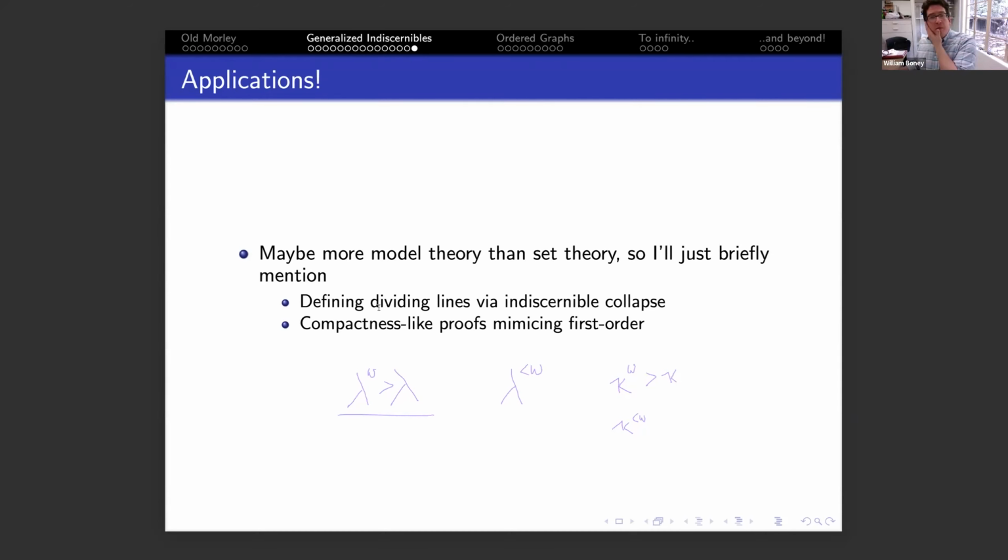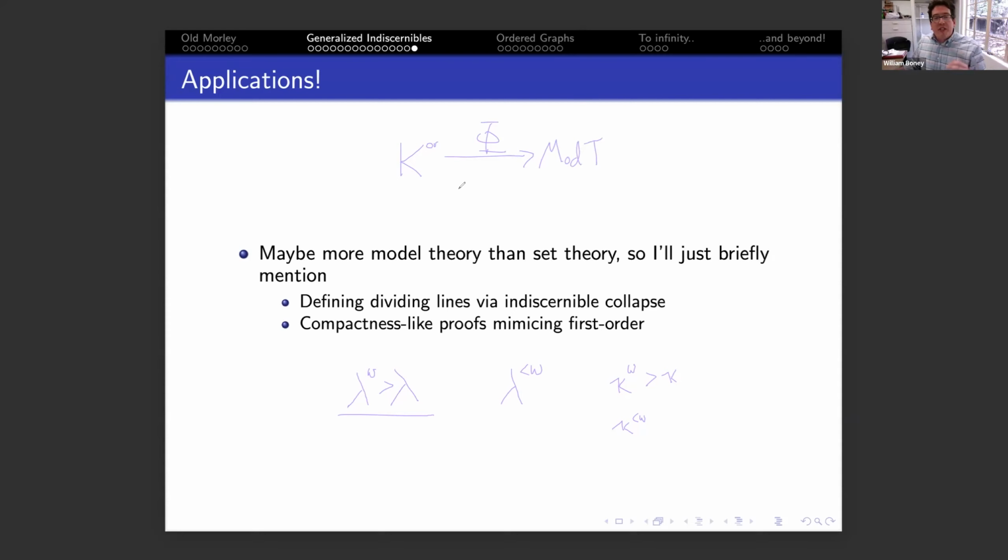Another, and this is going to become relevant when we talk about ordered graphs, has to do with defining dividing lines in classification theory via indiscernible collapse. One way of talking about when a theory is stable is this: I have my class of linear orders, and I have some blueprint that goes to my models in my first order theory.